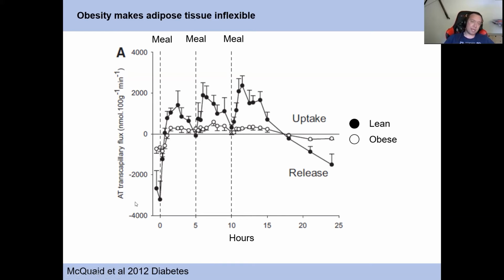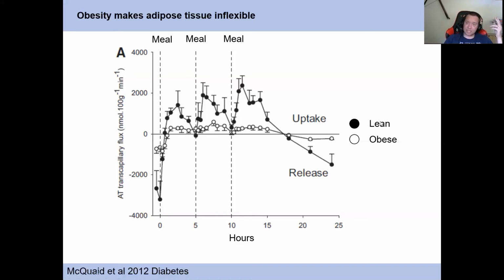And what we're looking at here is the flux, the release or uptake of fatty acids across an adipose tissue depot. And so this is, again, AV difference. You have the artery catheter, you have the venous catheter leaving the adipose tissue, and you measure how much free fatty acids were in the artery and how much left in the vein, and use tracers to get a more accurate measure of this.